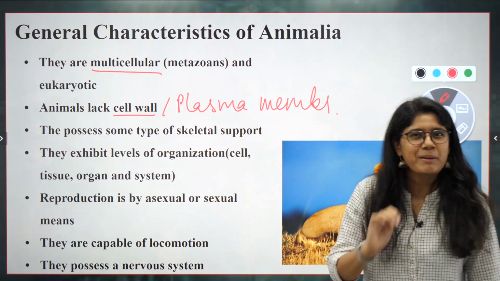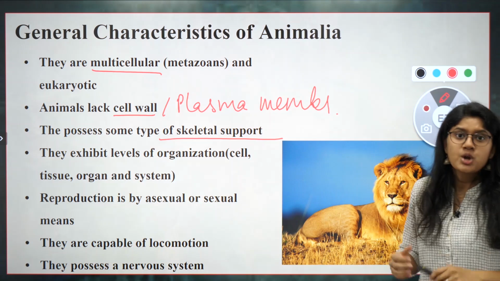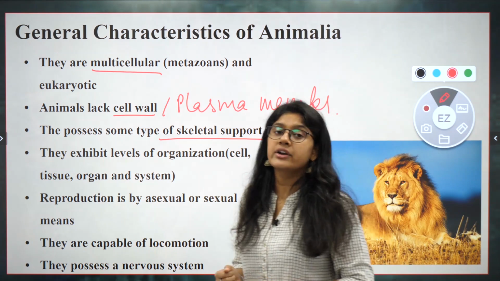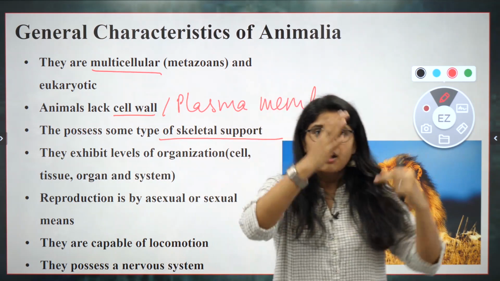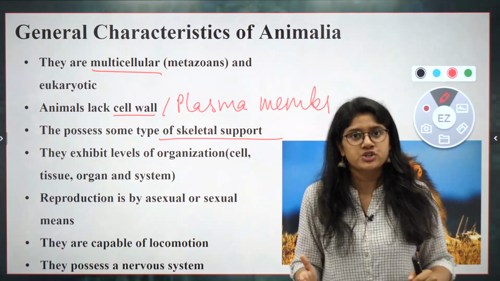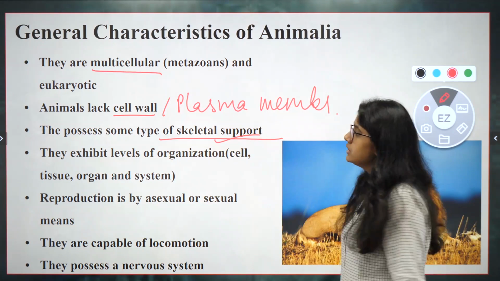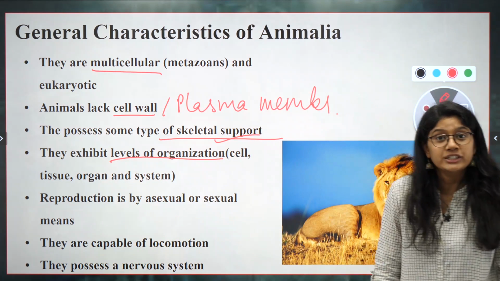It's easy to remember. They have the skeletal support. The majority of the animals in the animal kingdom have skeletal support. We have an outer structure, a framework which actually gives us a proper structure. So yes, they have the skeletal support. They exhibit levels of organization.